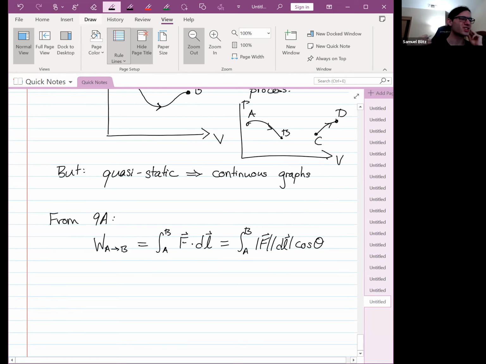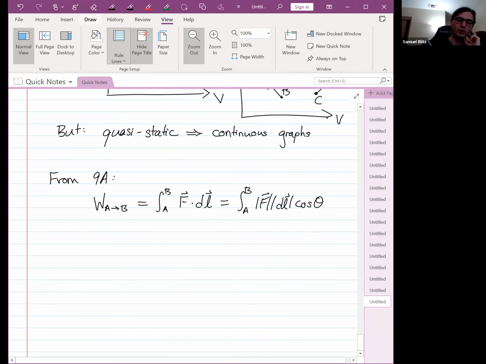So then the question is how does this work in thermo? So gases, we know that gases exert pressure, and pressure is just force divided by area. So the question then is how can gas pressure move something?